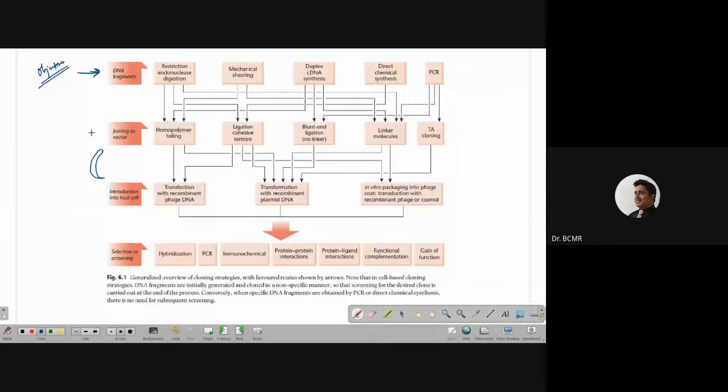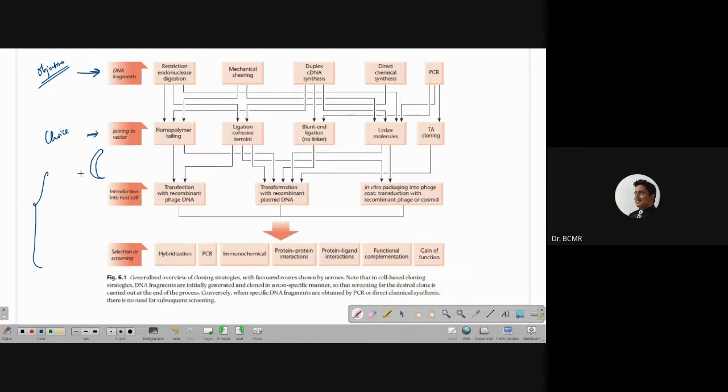And based on the scheme of how the remaining steps are going to be, we should have made a choice of the vector. It also depends on the resources that we have, and on many other factors, like whether enzymes are there or not, whether technology is available or not, and so on.